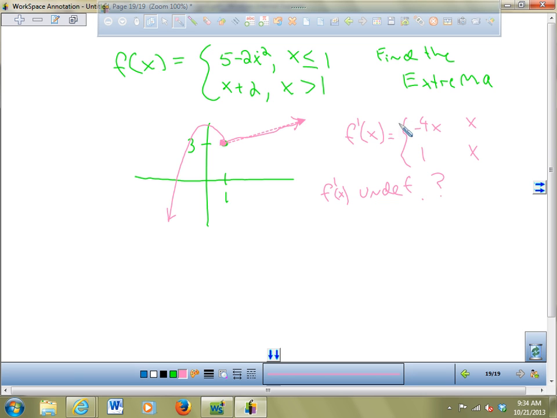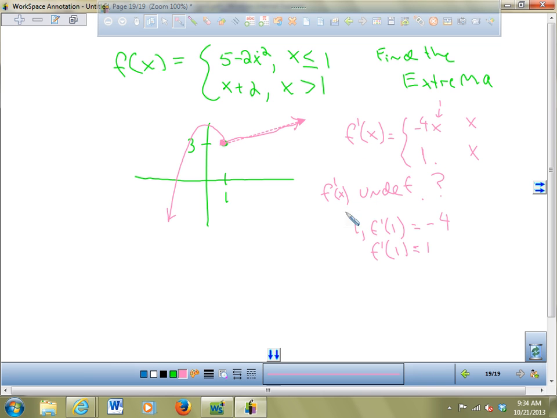At 1, because if I take 1 and put it in here, I get out f prime of 1 is negative 4. If I plug in 1 into this part of the function, I get out 1, so this always has a slope of 1.